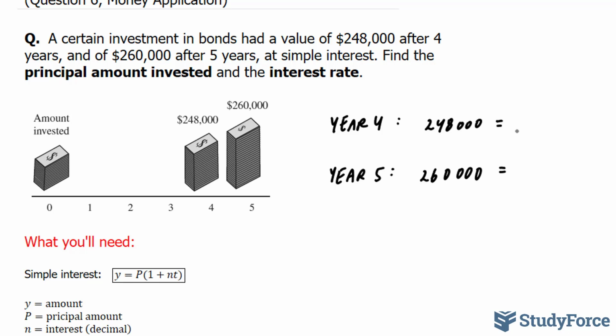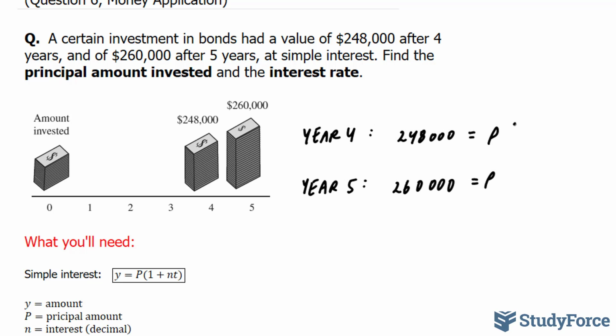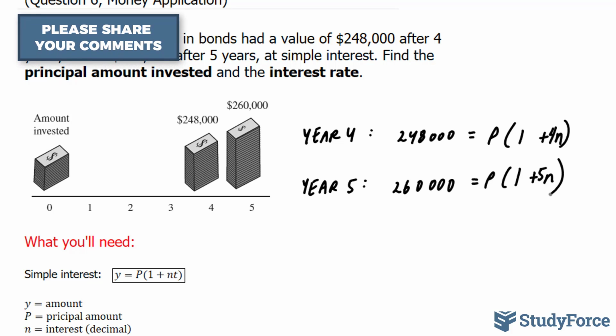P is what we're looking for, that's the principal, the initial amount invested, times 1 plus N, which is what we're looking for. And for this equation, T is equal to 4, and N times 4 is 4N, and N times 5 is 5N. We have two equations now with two unknowns.